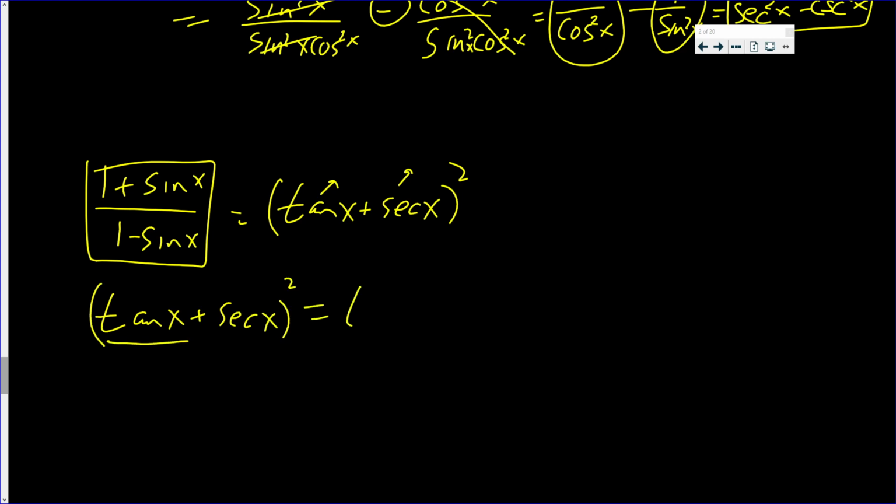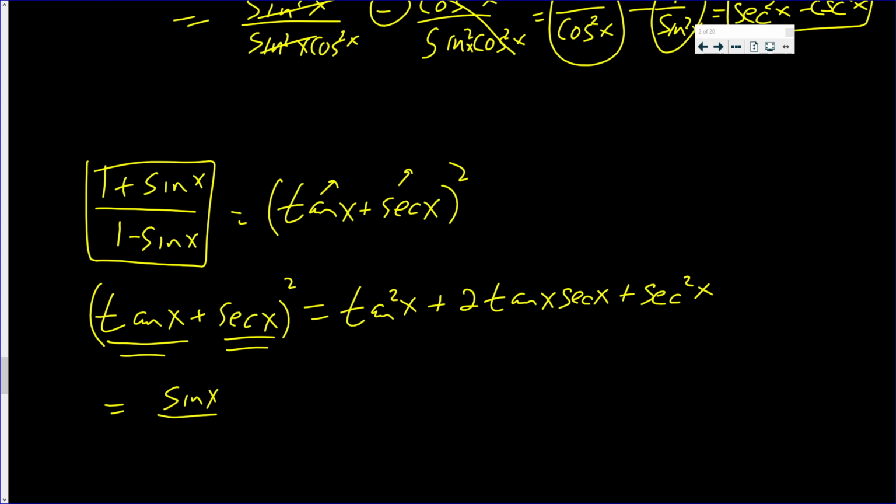So we have tan x plus secant x squared. So I get the first squared, plus 2 times the product of the two things being added, plus the second one squared. Okay, tan x is sine x over cosine x, so tan squared x is that squared, plus 2 times tan x, sine x over cosine x, times secant, that's 1 over cosine x.